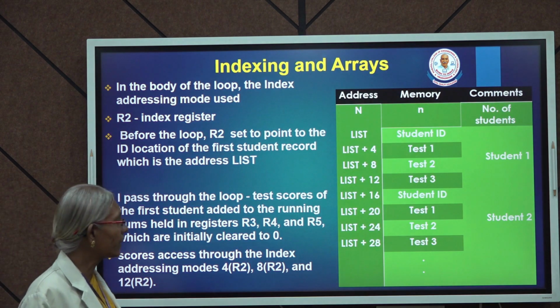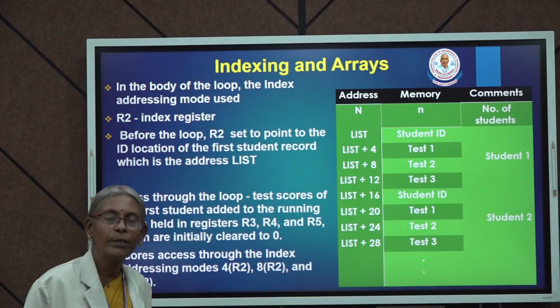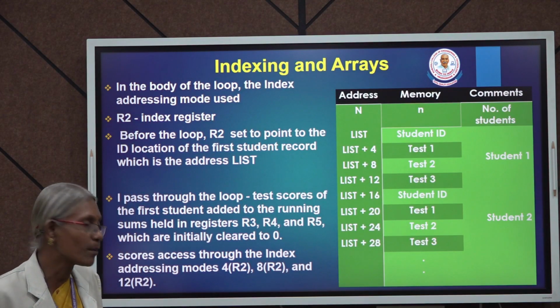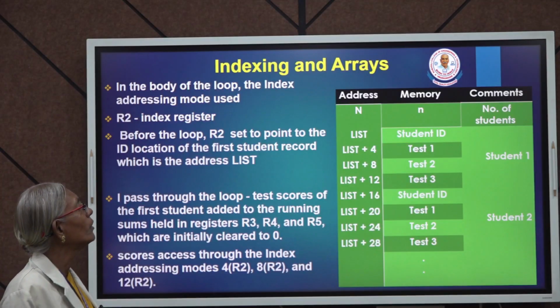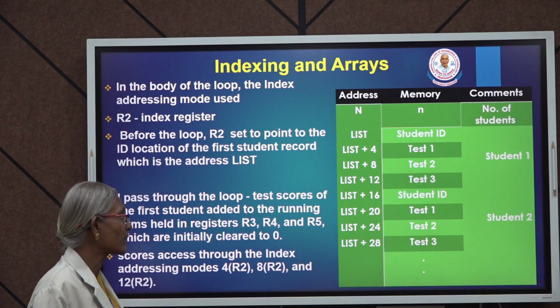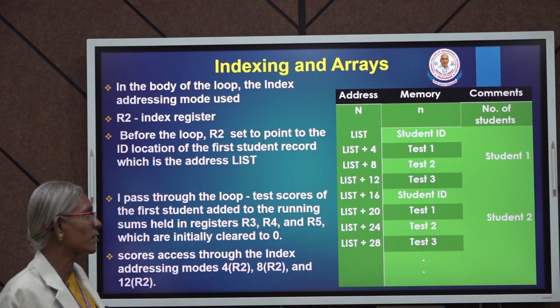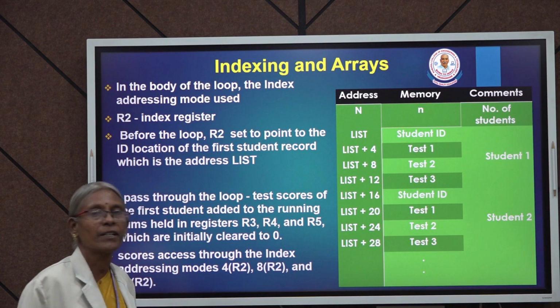Let us take this. The address is capital N, where I have the data n, that is the number of students, and the next address is LIST. There I have the student ID, for example the roll number of the first student. At LIST plus 4, I have mark 1 of the first student.